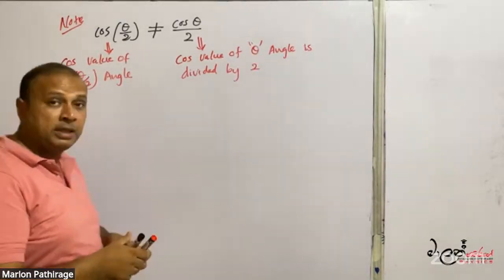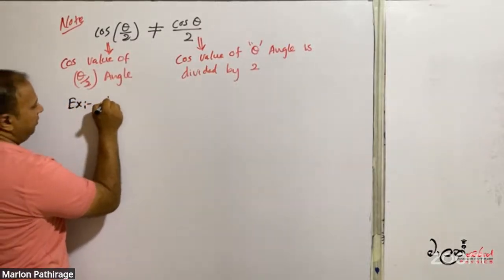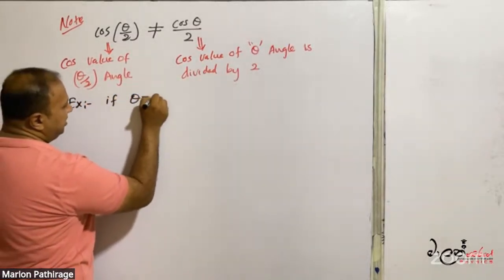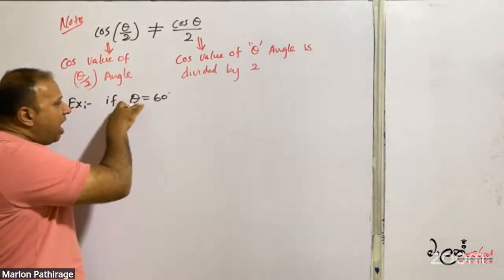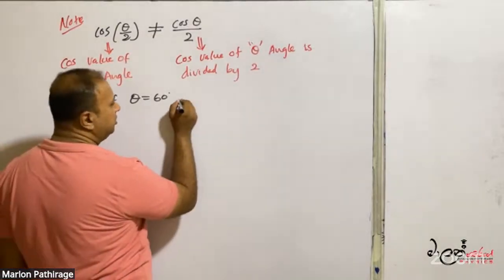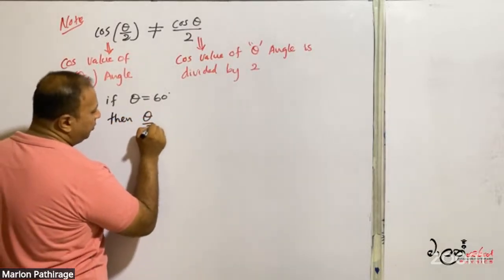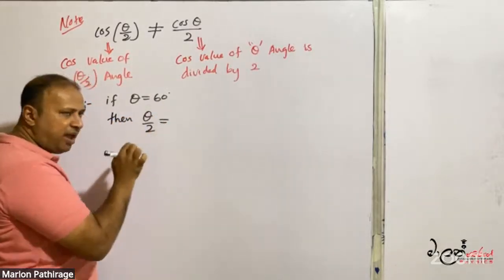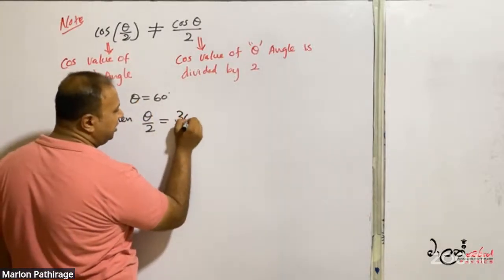So, as an example, suppose theta is 60. Half angle means theta over 2, that means 60 over 2, which is 30.